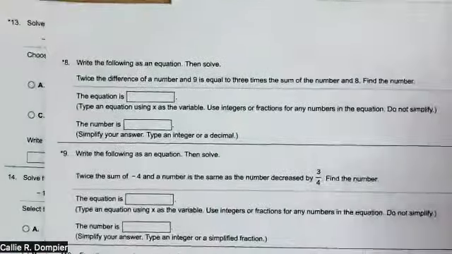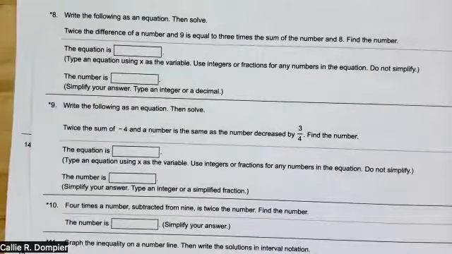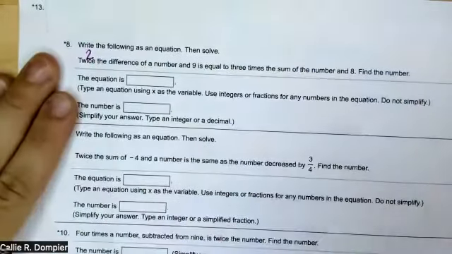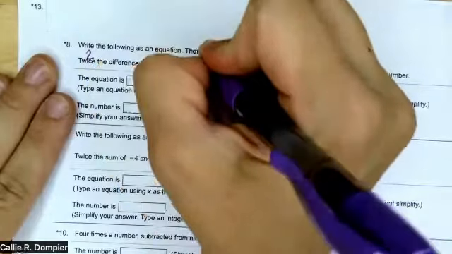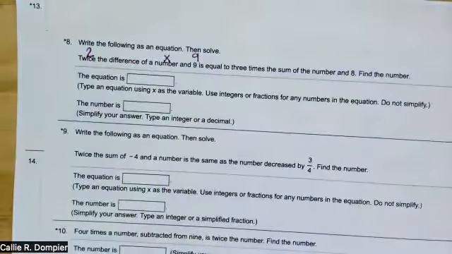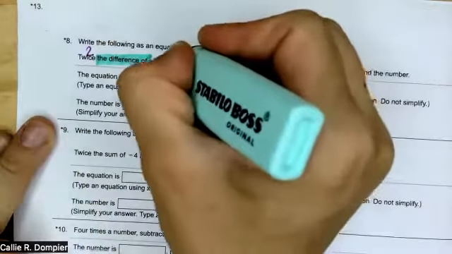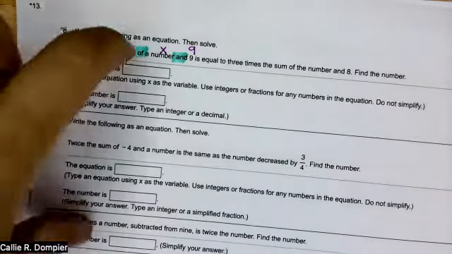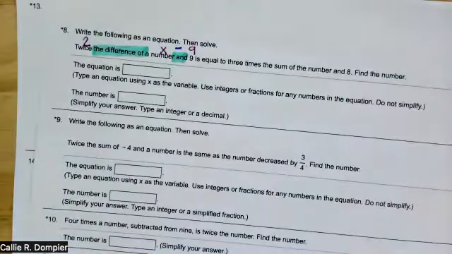Number 8 asks us to write as an equation. You guys remember that really long one you did? Twice the difference of a number and 9. But remember, the difference of x and 9 are together, okay? So the difference of x and 9 means x minus 9.